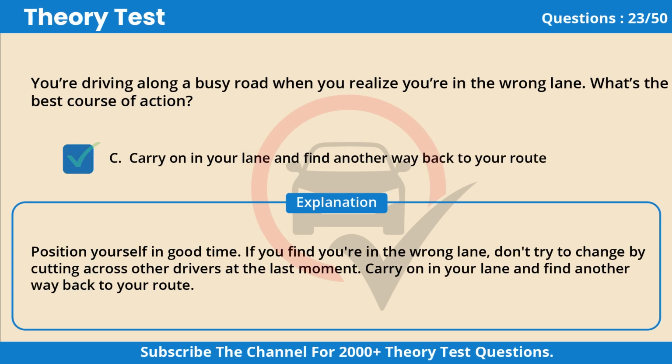Position yourself in good time. If you find you're in the wrong lane, don't try to change by cutting across other drivers at the last moment. Carry on in your lane and find another way back to your route.